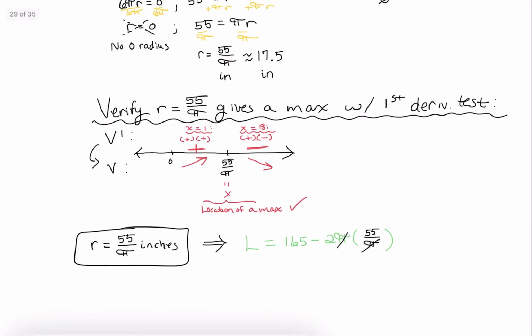And so the pi's there are going to reduce, and so we are going to have 110, so the 165 minus 110 should put us at 55. So our length in this case then, so the length is 55 inches.